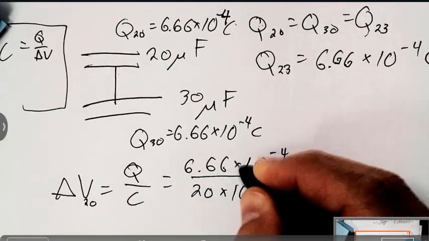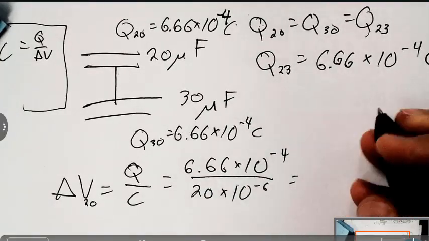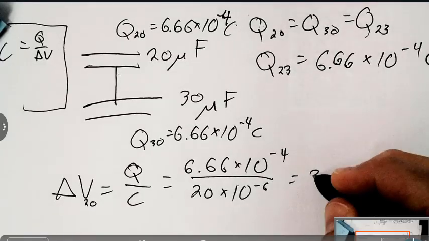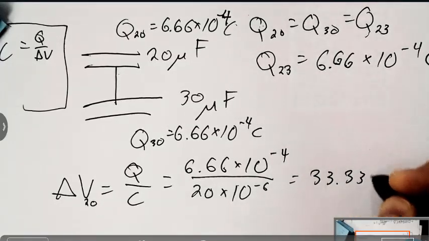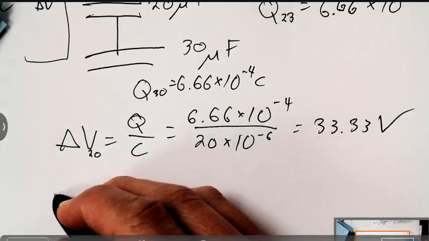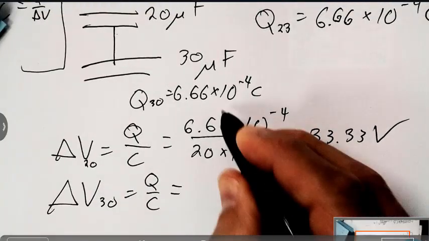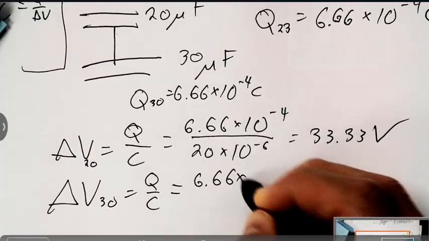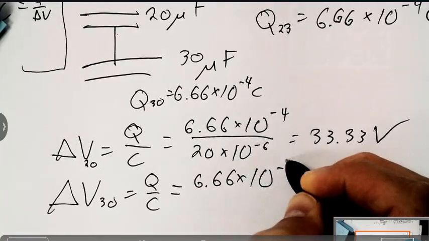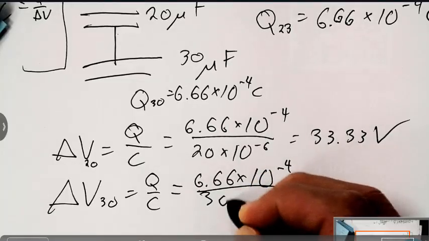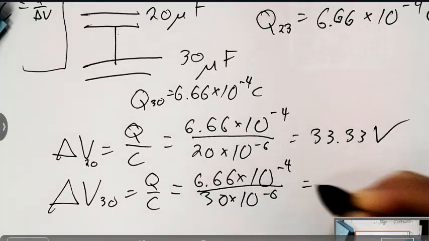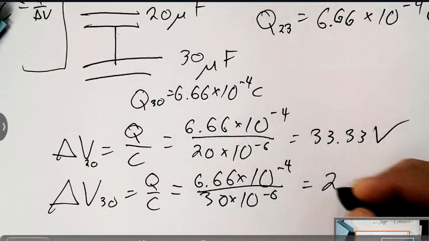And when you do that math, you get 33 and a third volts. Okay. And then for 30, again, Q over C, Q again is 6.66 times 10 to the minus fourth over 30 times 10 to the minus sixth. And that is going to be 22.22 volts.